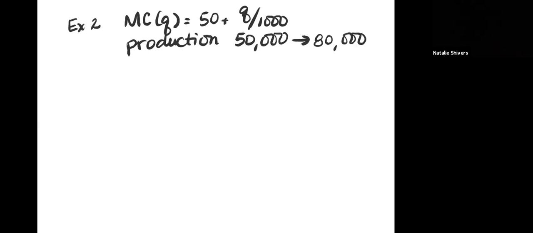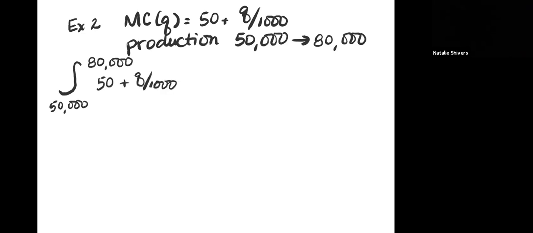So I'm going to write my integral. So I have 50,000 on the bottom. Smaller number always goes on the bottom, bigger one on the top. I'm going to put the equation they gave us, 50 plus Q over 1,000. Because we're using Q, we need to put DQ. Use the letter that's involved.